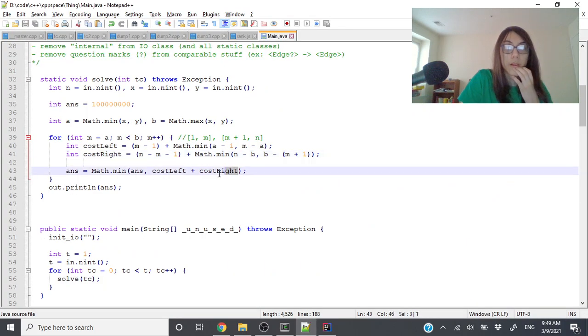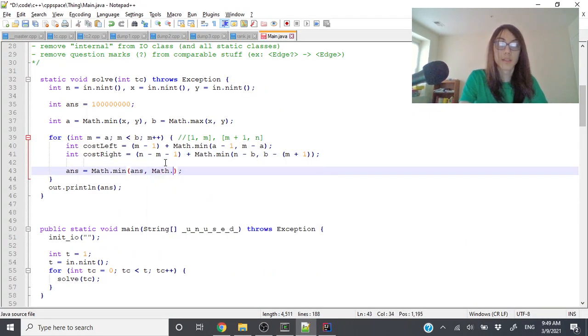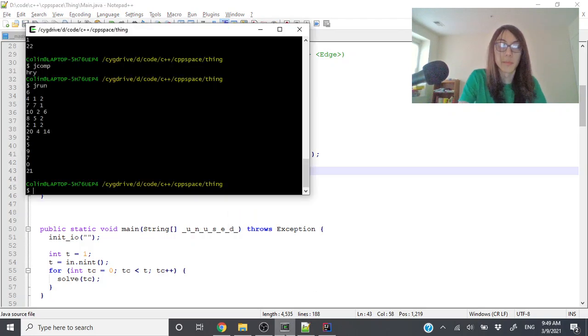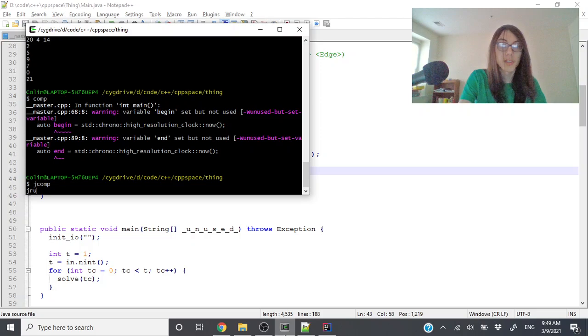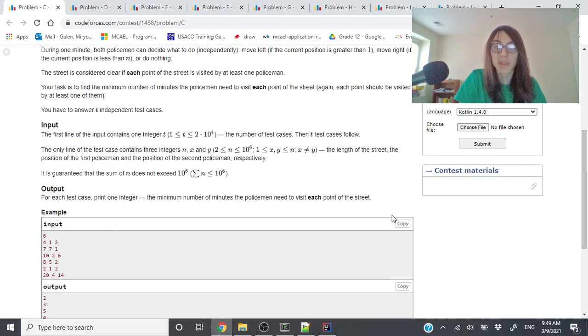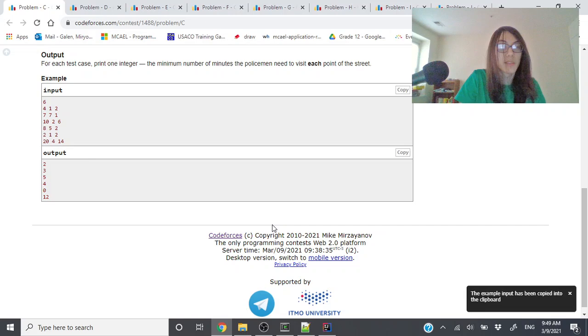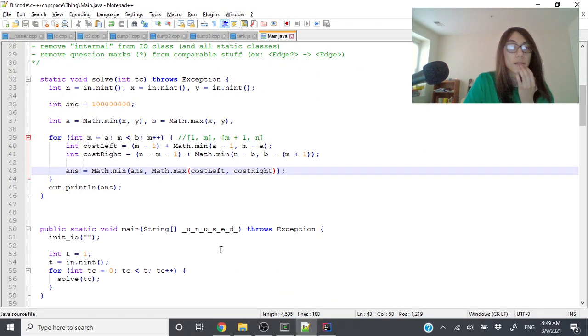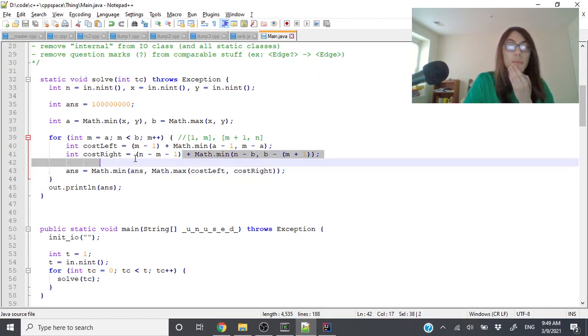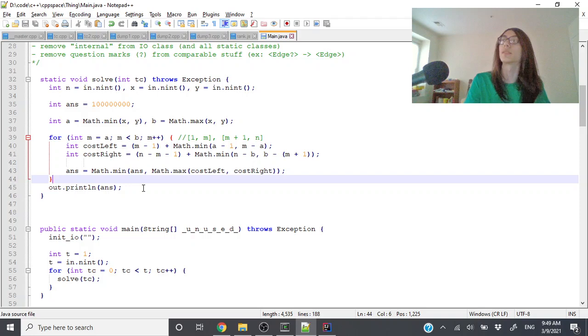Oh. I see. The policemen move independently. Jcomp, jrun. That would make more sense. 235 4012. Okay, right. And the reason is because this should be m minus 1 because we already start off having visited 1.